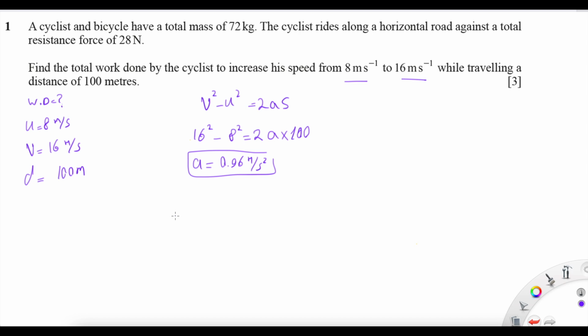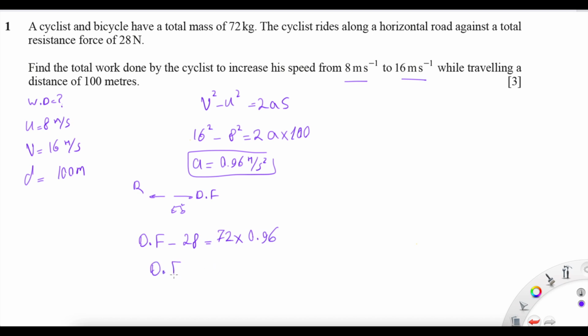Now, applying Newton's second law to the bicycle, we have the driving force, and then the resistance in the opposite direction. So driving force minus resistance, which is given in the question as 28 newtons, is equal to ma. m is the total mass, 72, and the acceleration of the cyclist and bicycle in total is 0.96.